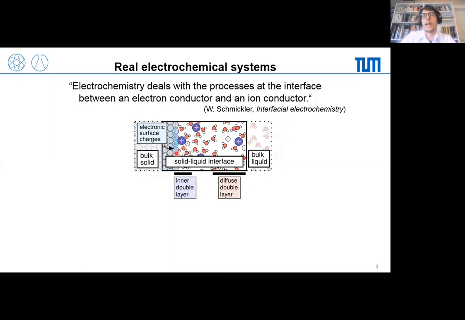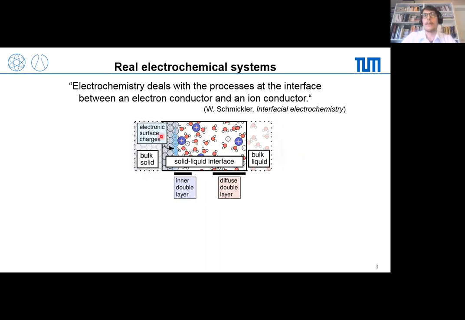The most relevant parts of this interface are the electronic surface charges, then anything that happens in this inner double layer where you could have adsorption or electrosorption of ions or some molecules. And then a bit farther away from this interface, you potentially have a diffuse double layer. So still a region of space where the composition and structure of the solvent is different from the composition and structure of the solvent in the bulk liquid.